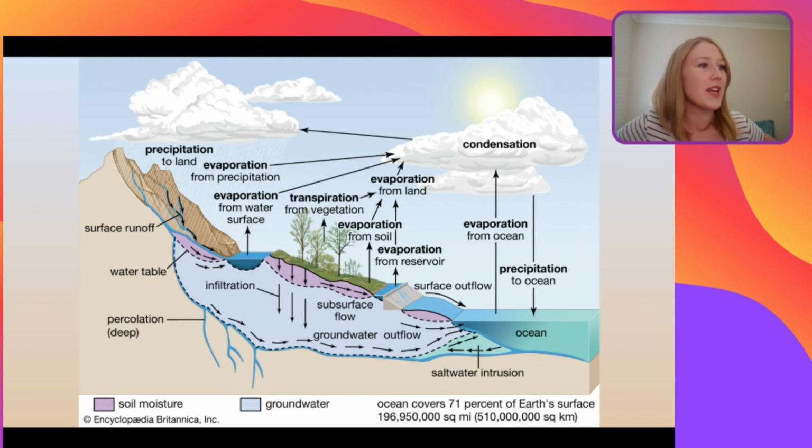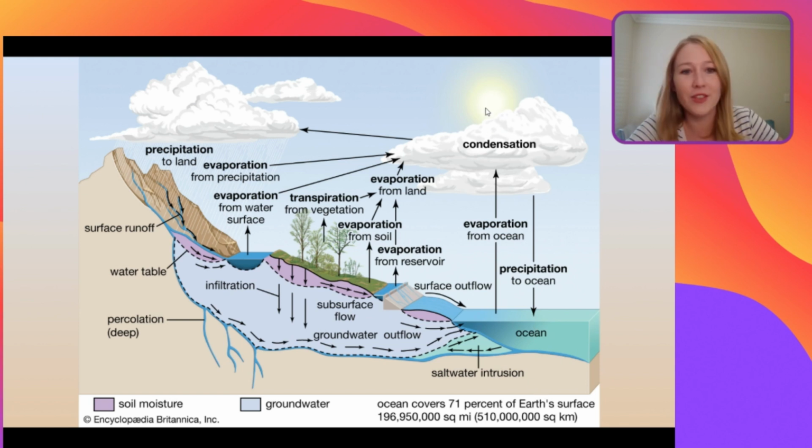Okay, so this is just a side view of a river system so we can understand the processes a little bit better. This is actually supposed to be a diagram of the water cycle or the hydrological cycle. You should be familiar with this: you've got water, it evaporates, it forms clouds.